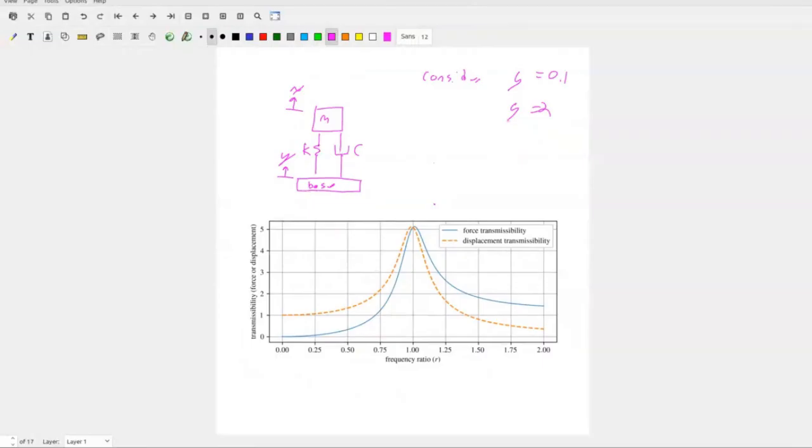This is my transmissibility of both the force and displacement, right, onto one plot. So this is for zeta is equal to 0.1. And I have my transmissibility for force and displacement.